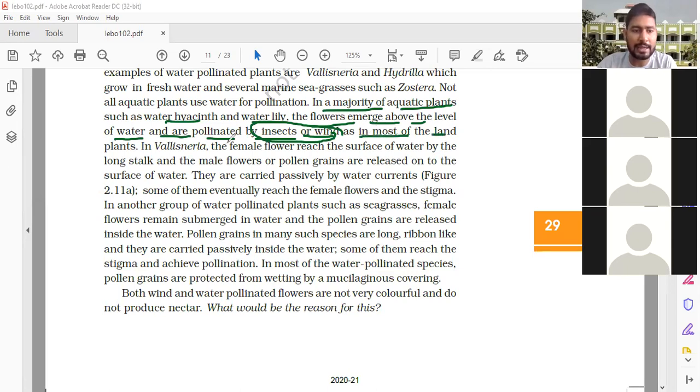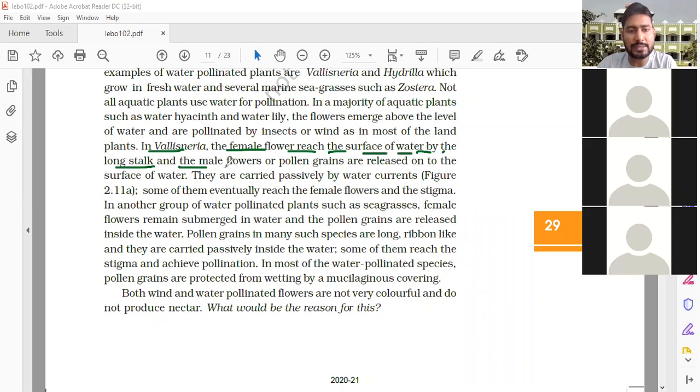In most of the land plants, another one: in Vallisneria, the female flower reaches the surface of water by a long stalk, and male flowers or pollen grains are released on the surface of water. Suppose in Vallisneria, I'm drawing the structure.